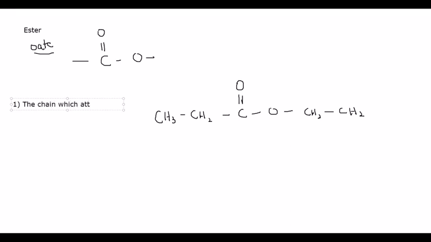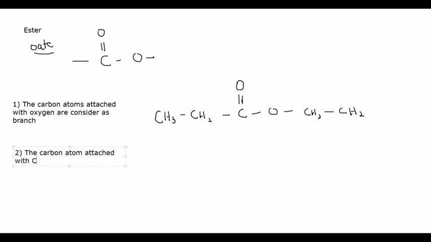The carbon atoms attached with oxygen are considered as a branch, and the carbon atoms attached with C double bonded with O are considered as the chain.